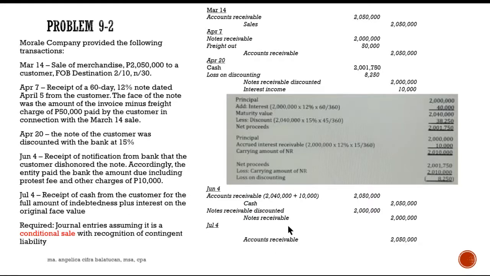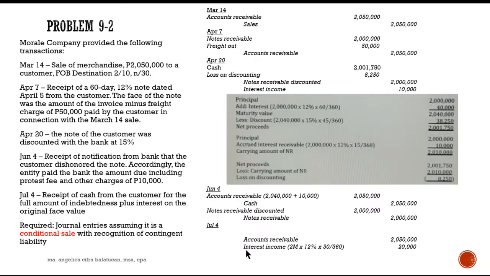So first is we credit the accounts receivable nga 2,050,000 and then we're going to compute for interest income. So that's equivalent to 1 month nga interest, additional nga interest. So that's from June 4 to July 4. Kaya nilabay naman po ang usa ka buwan usa siya ni bayad.